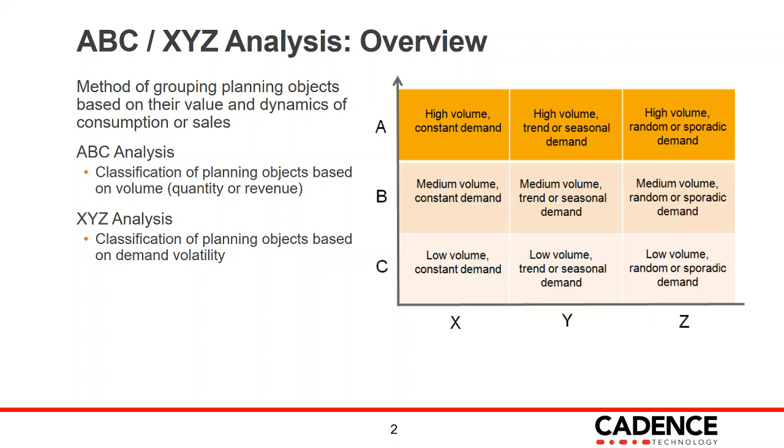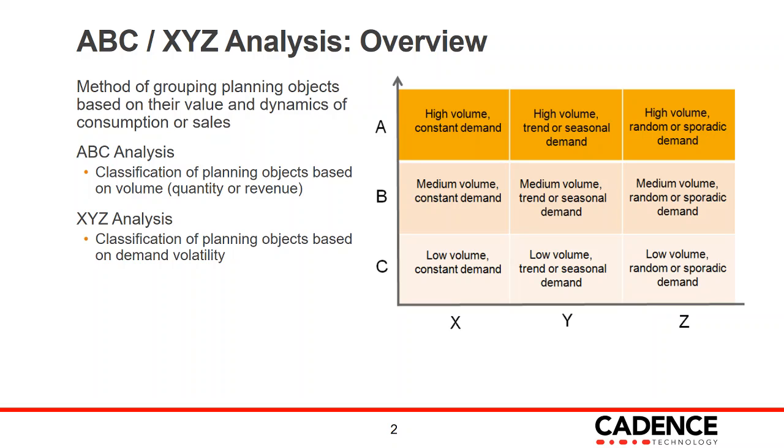The goal in this portion is to group the most important items that generally require the most oversight from planners. XYZ analysis, on the other hand, looks at the volatility of the historical demand. So it's going to group items that have very constant, steady demand together versus ones that are very random, sporadic, or have some type of seasonal or trending patterns, and then group those together.